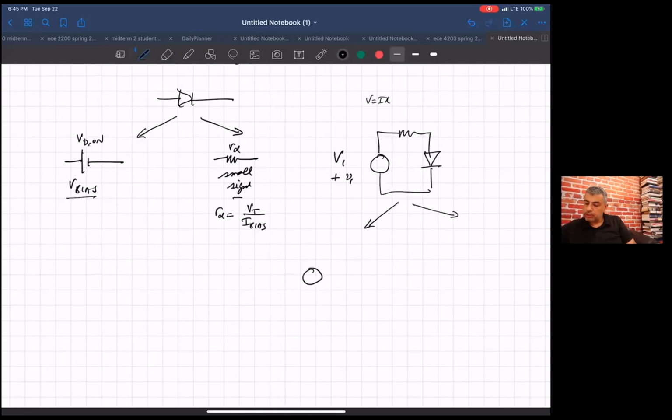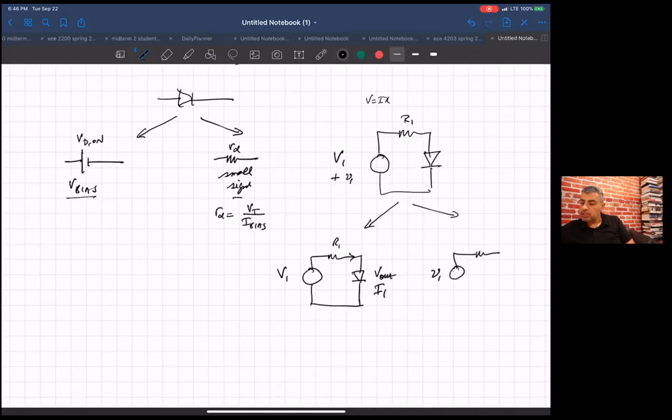So I treat this like two circuits. One of them is just a regular diode, but then I just use this large V1 value. Then I might get a large V out or a large I sub 1 or whatever it is that I get. And I get the small signal, the small perturbation.